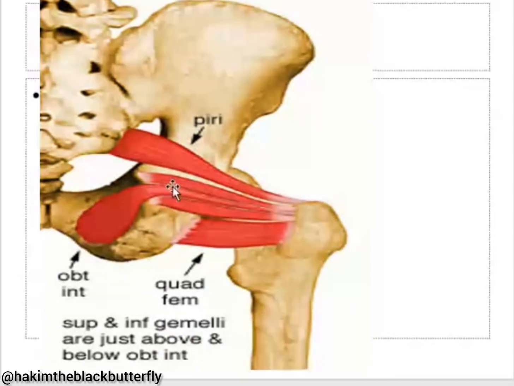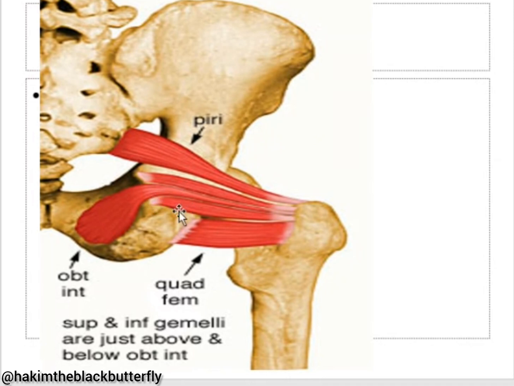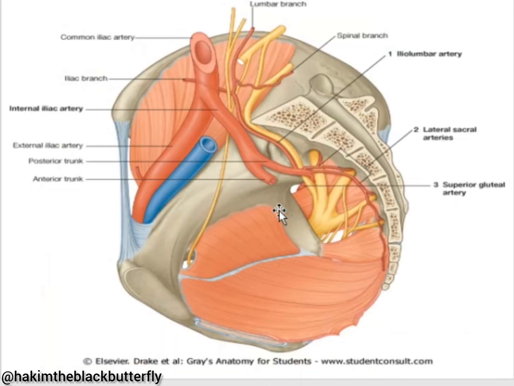This is a summary of the lateral rotators of the thigh: piriformis, gemellus superior, obturator internus, gemellus inferior, quadratus femoris. And they attach to the greater trochanter of the femur, and then they contract, they laterally rotate the thigh at the hip joint. So this is just showing you the inner aspect of the pelvis and the greater sciatic foramen, showing you how the nerves, this muscle is piriformis.